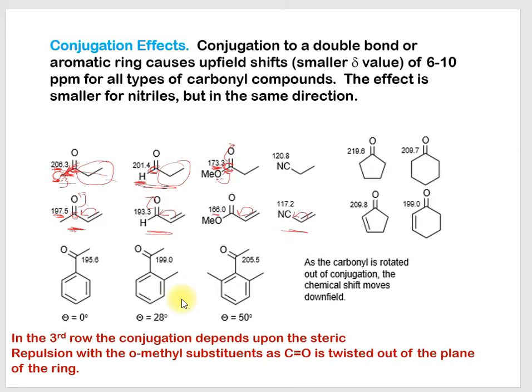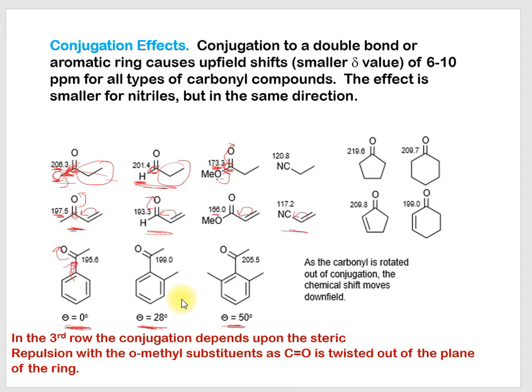Here you don't have the delocalization. In these three examples, see the theta is shown here. Theta is 0, that means it's fully planar. Here it's 28, so the planarity is distorted, and here it's 50. The planarity allows the delocalization of the pi bonds towards the carbonyl, free delocalization we can say.